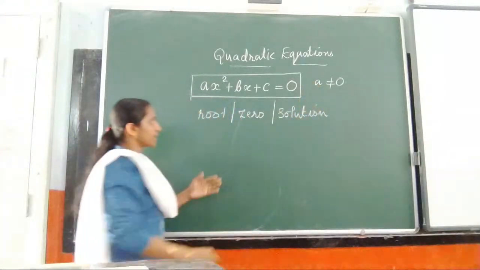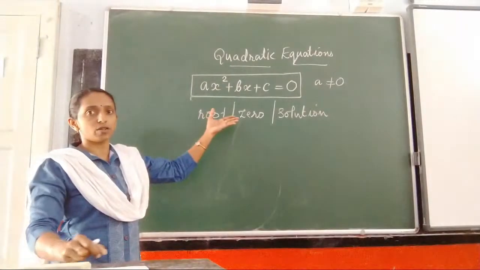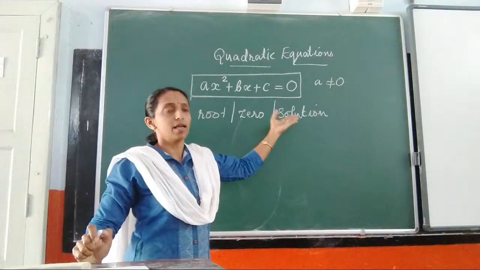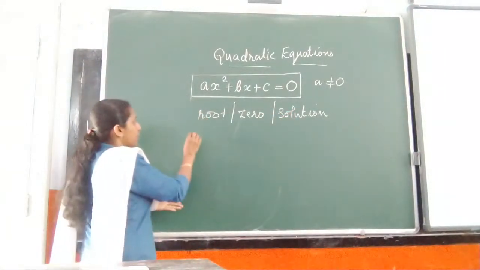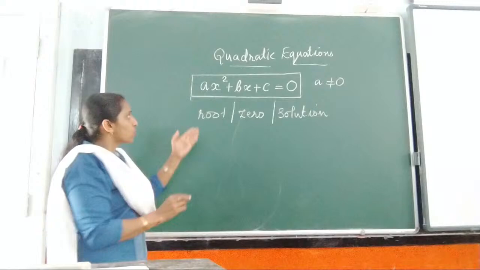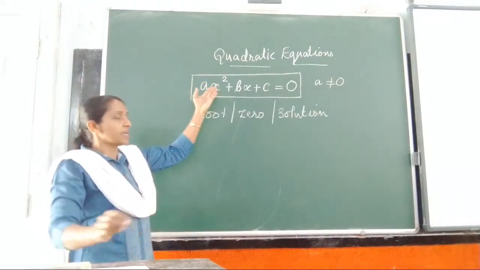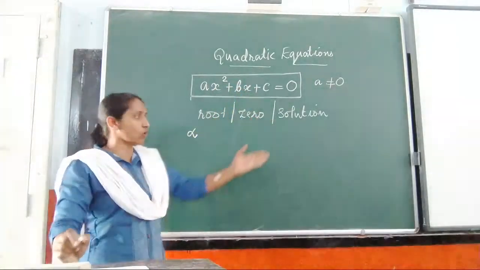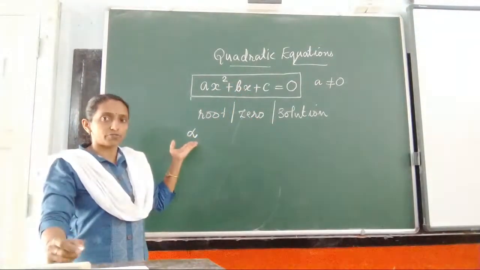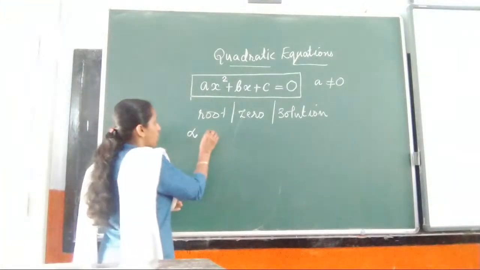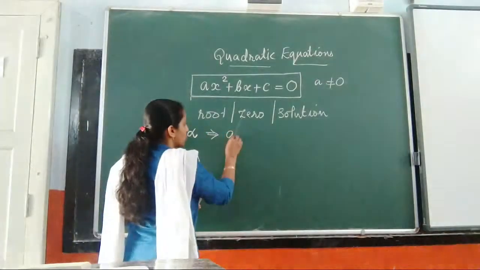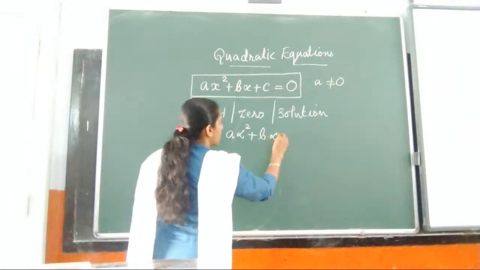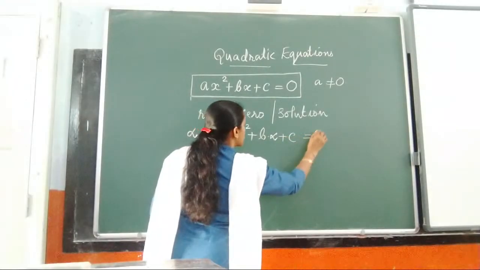It implies that alpha is a root of the quadratic equation ax square plus bx plus c equal to 0 if and only if a into alpha square plus b into alpha plus c comes as 0.